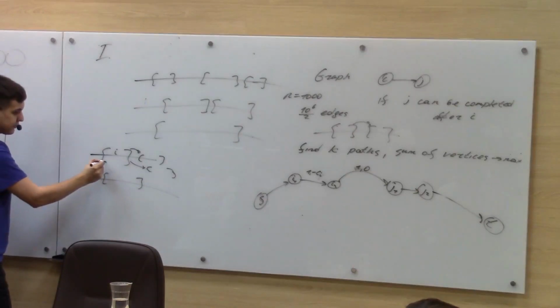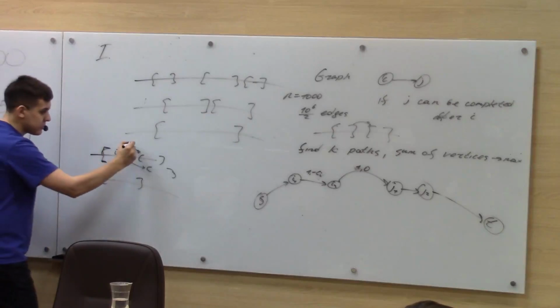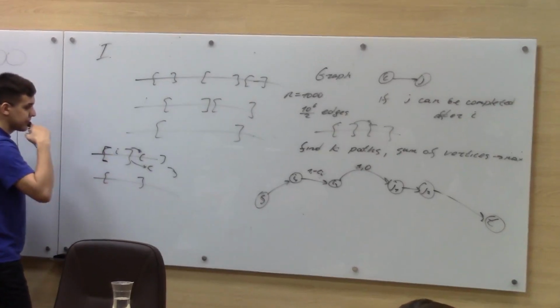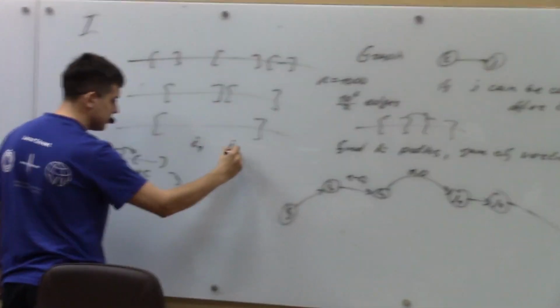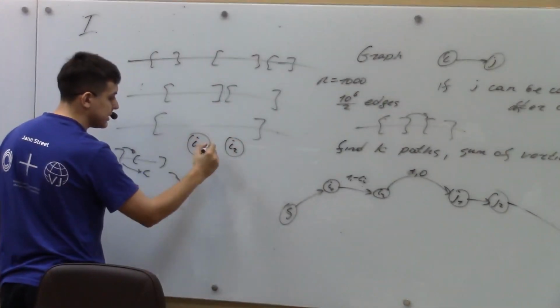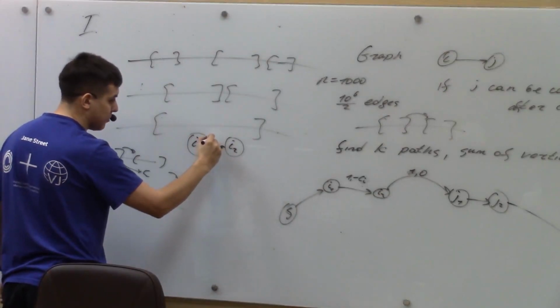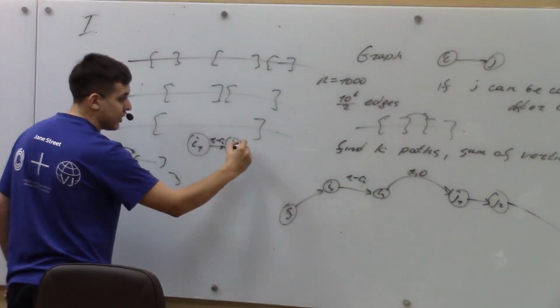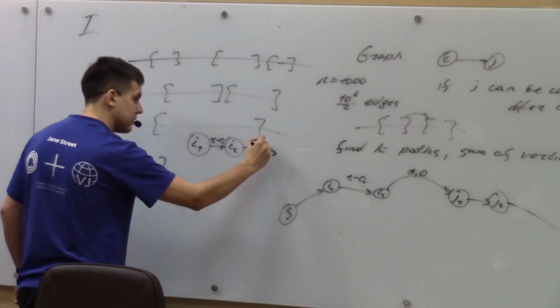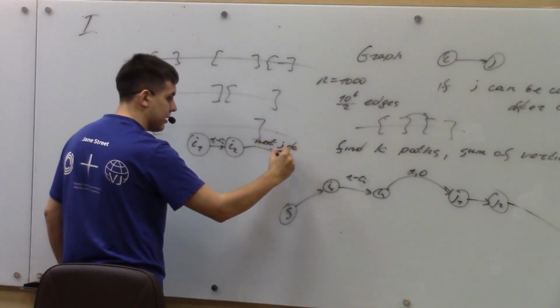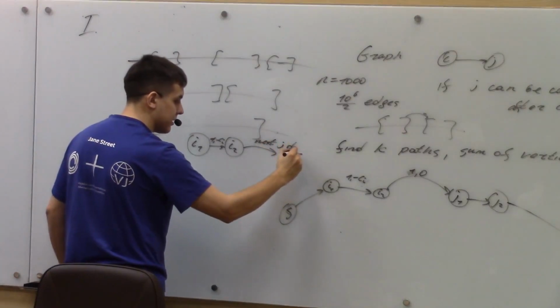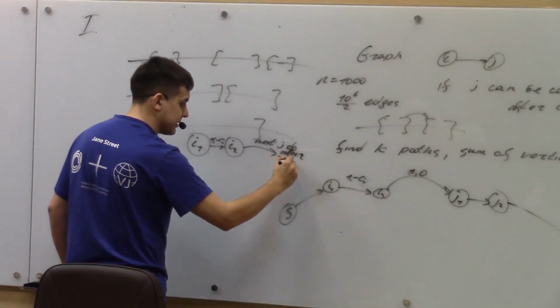So if we complete job I, so we have I1 and I2. So if we complete job I, so 1 and minus CI, we can only jump to the next job after I is completed.